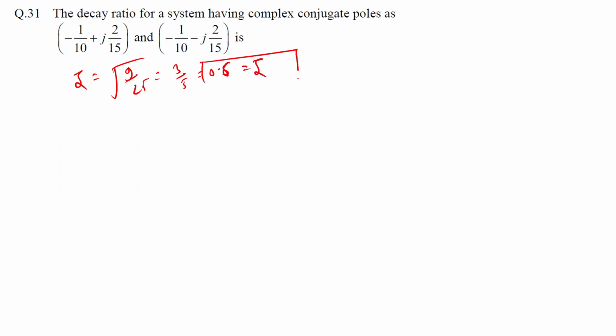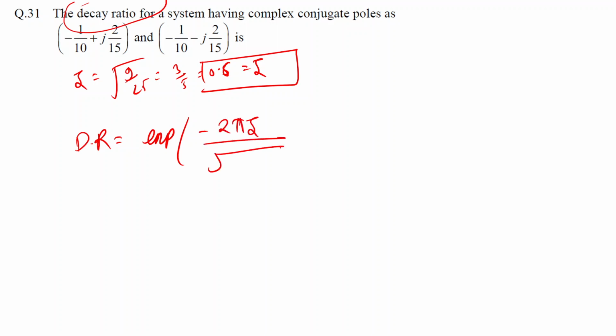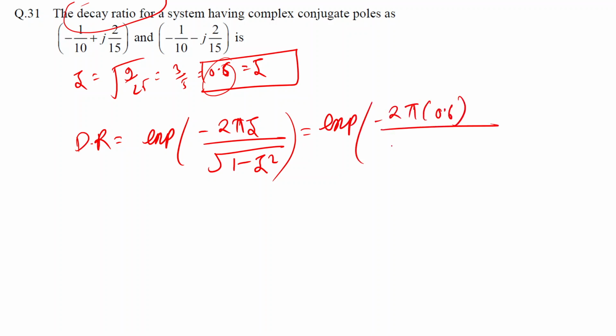So the value of damping factor, we calculated it as 0.6, and in the given question we have to find the decay ratio. And the decay ratio, we can define it using the formula exponential of minus 2 pi zeta upon under root of 1 minus zeta square. We can replace the value of 0.6 in this equation, and we will be getting under root of 1 minus 0.6 whole square.